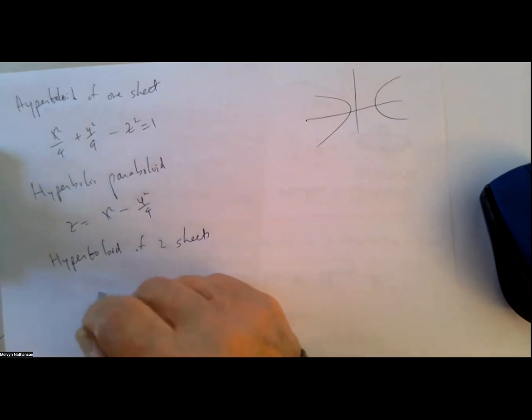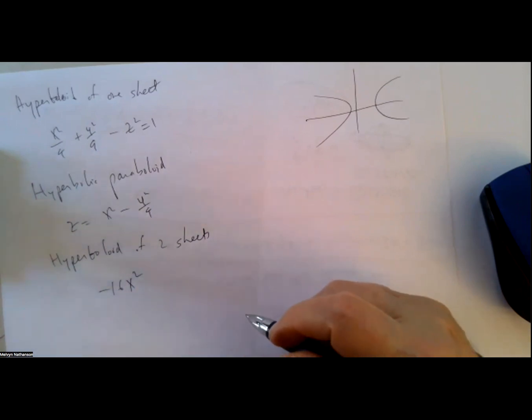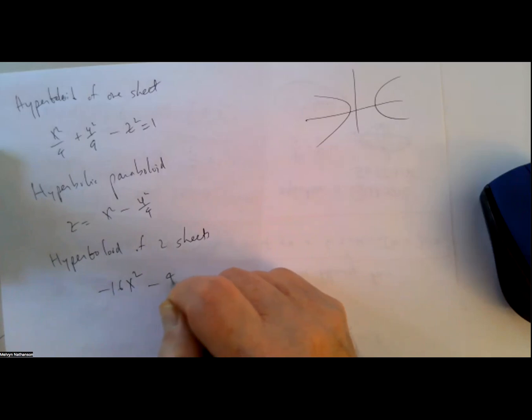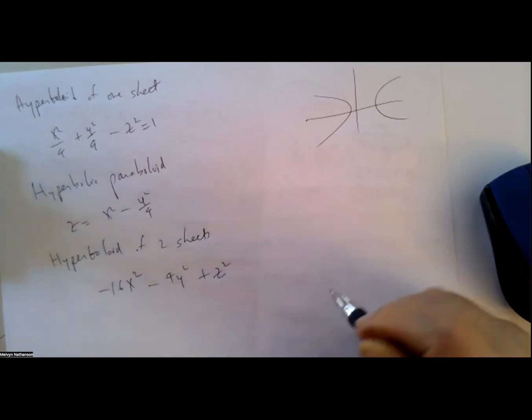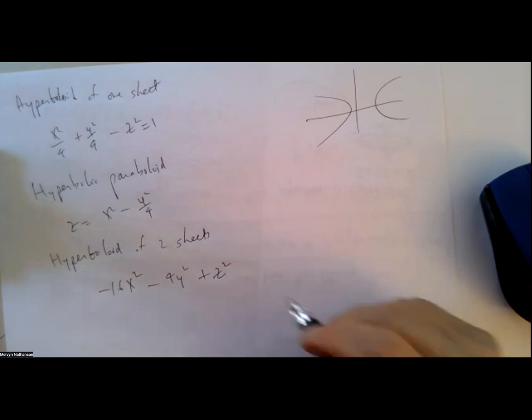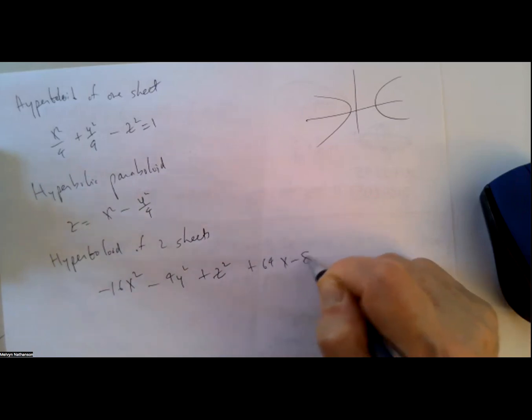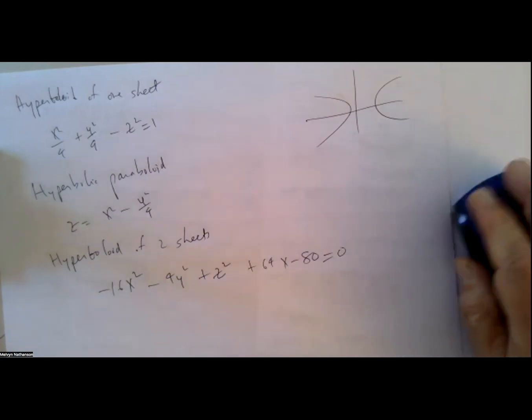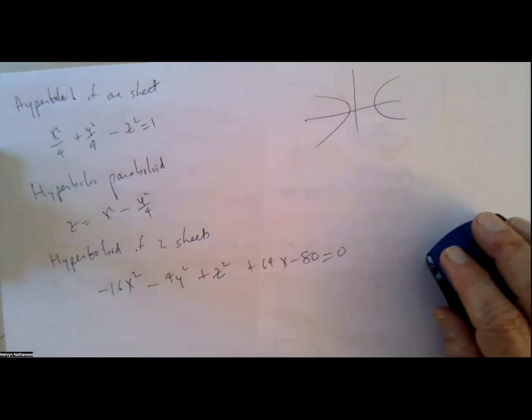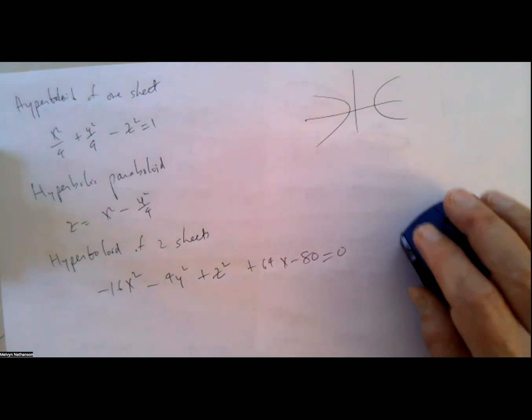An example of this is given by the following: minus 16x squared minus 4y squared plus z squared plus 64x minus 80 equals 0. So let me try and get Maple to plot that.